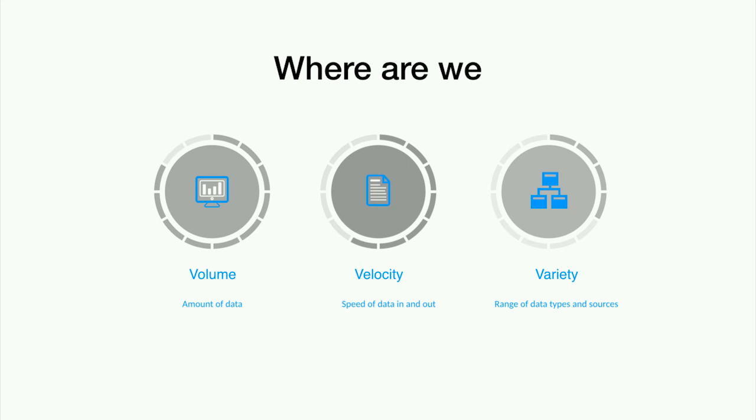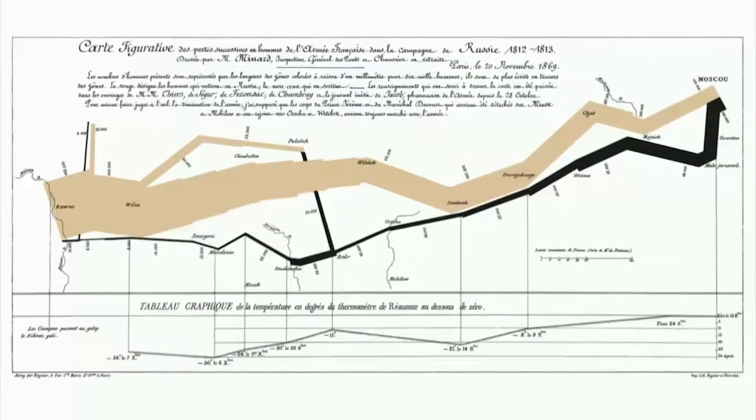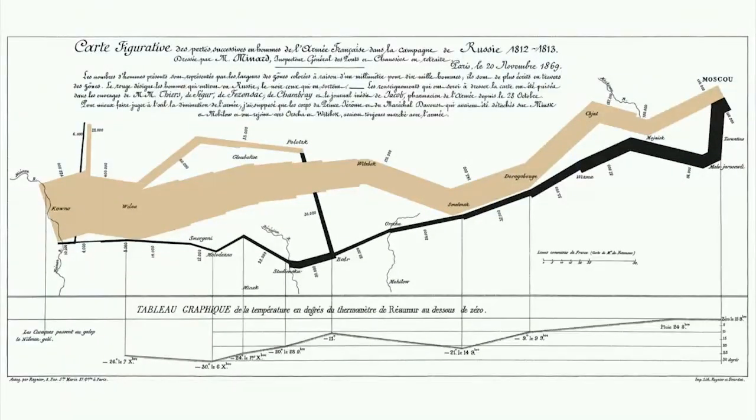But data visualization is not new. We have been using data visualization throughout history. Anyone saw this before? This is from long ago, 1812, and it is about Napoleon's army.